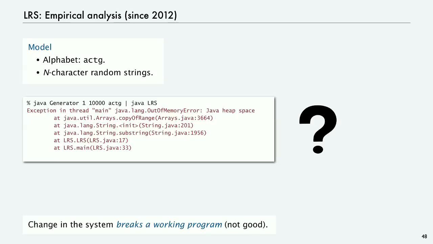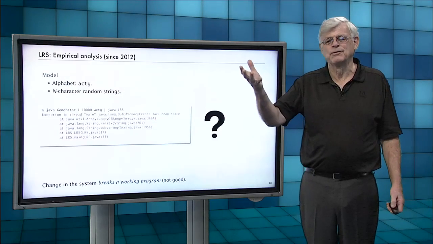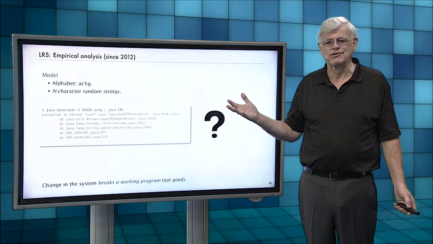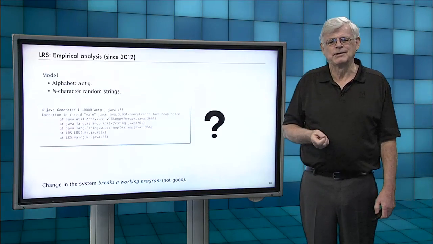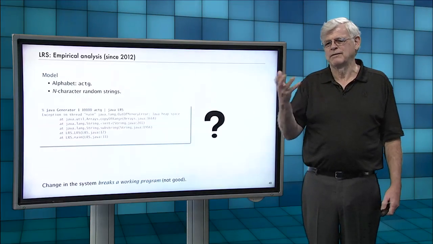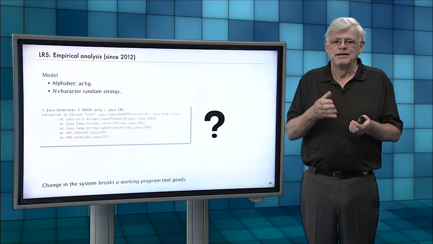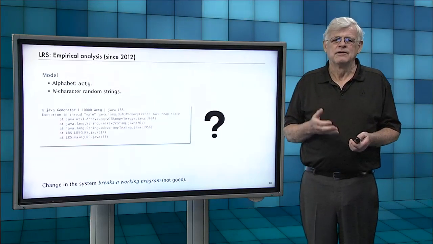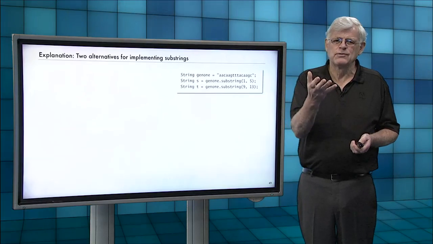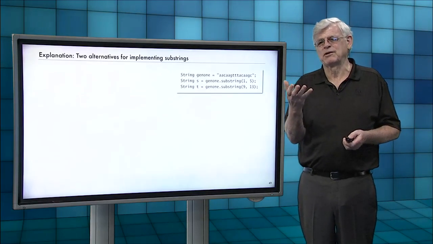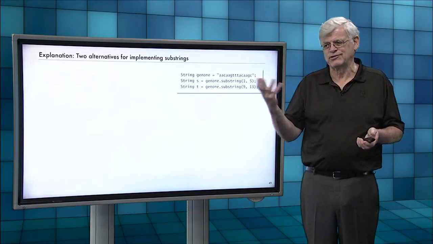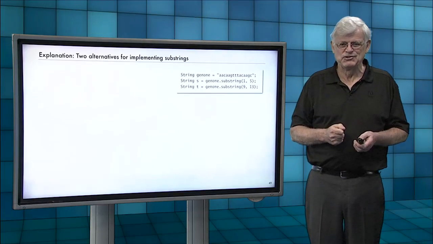We had a change in the system that broke a working program, and for all we know, broke the working programs of scientists and researchers out there trying to understand more about DNA and the genetic code. What happened? Well, as it turns out, there are 2 alternatives for implementing substrings in Java. There are actually several, but I'll talk about these 2.